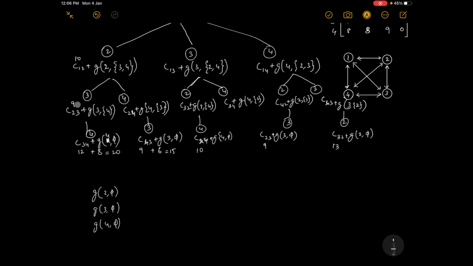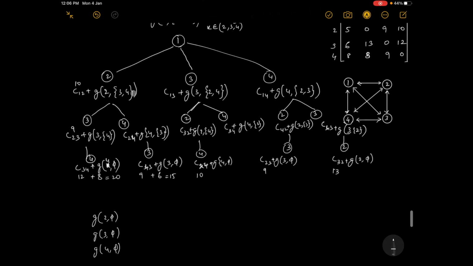See, I'll first substitute the values in this last row, then once I get this, I'll get the values in the last but one row. Then if I get the values of all these rows, then I will get this. So once I get this, I'll get some value here. So whichever is the minimum is the best path.